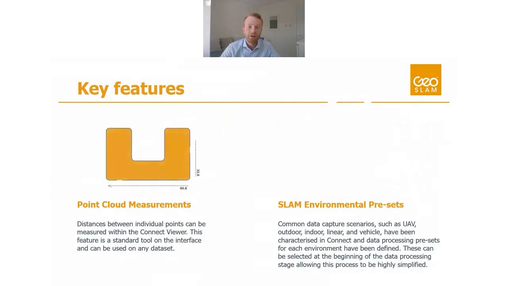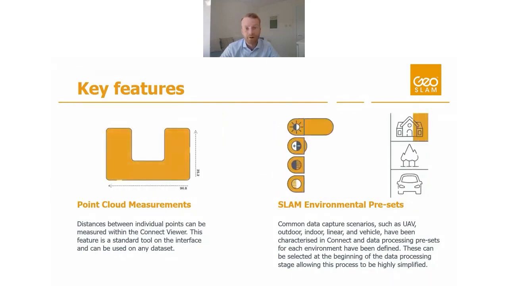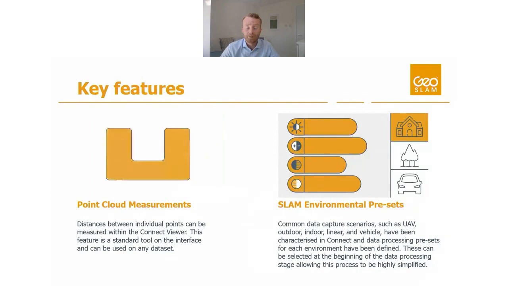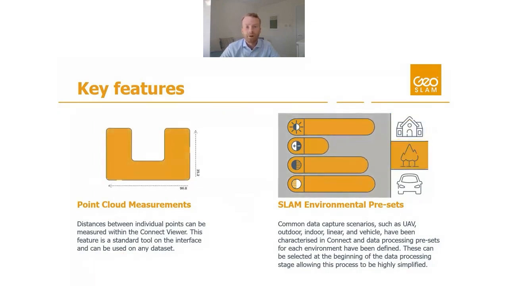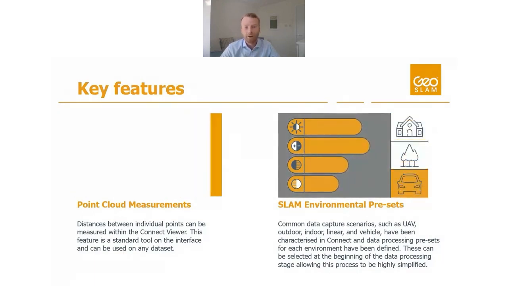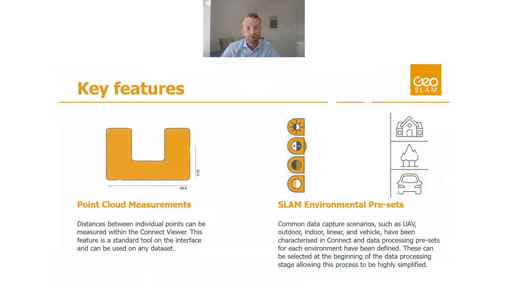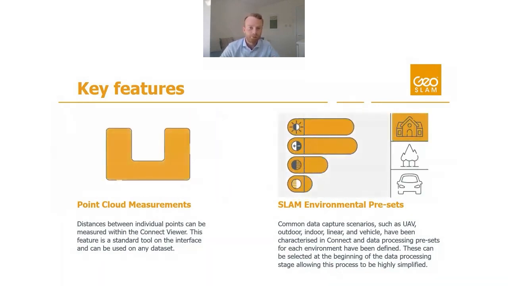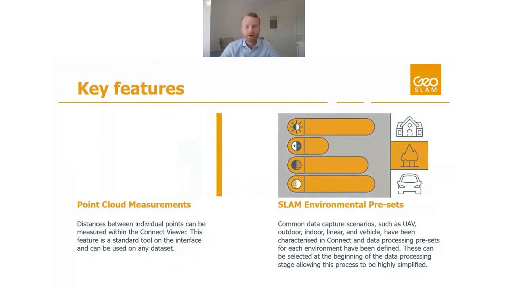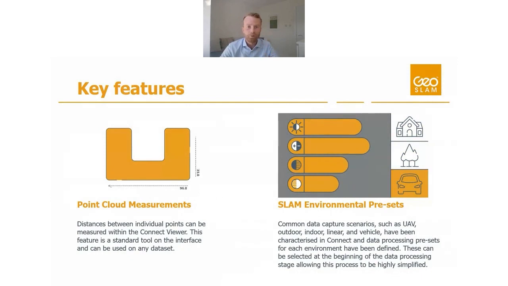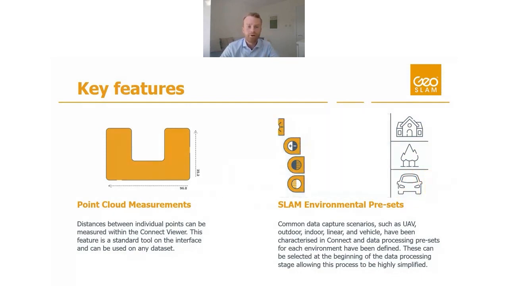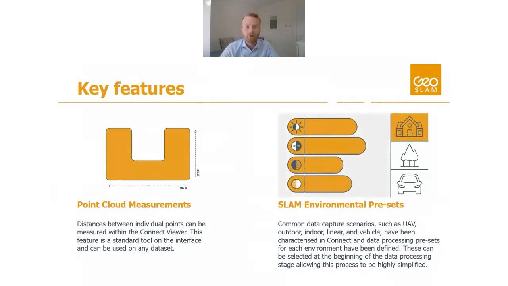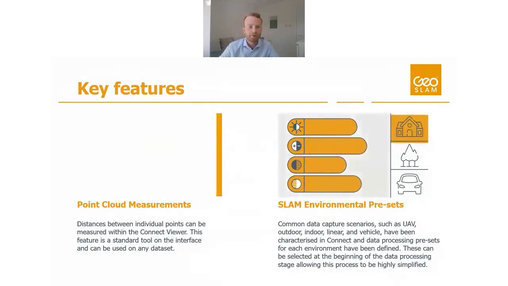We then have SLAM environment presets that come as standard, and they allow users to effectively process their data captured, whether that be in an underground environment, whether that be captured with a UAV, captured with a vehicle, outdoors in large open spaces. These presets really aid the ease and ability of processing your data effectively.